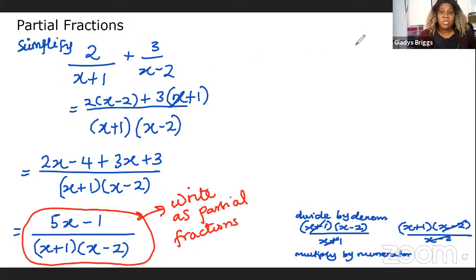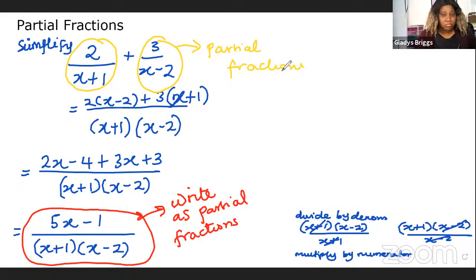So these two here are partial fractions. Okay, so now you know what partial fractions are, and you know how you can write partial fractions as a single fraction. Let's look at how we can write a single fraction as partial fractions.